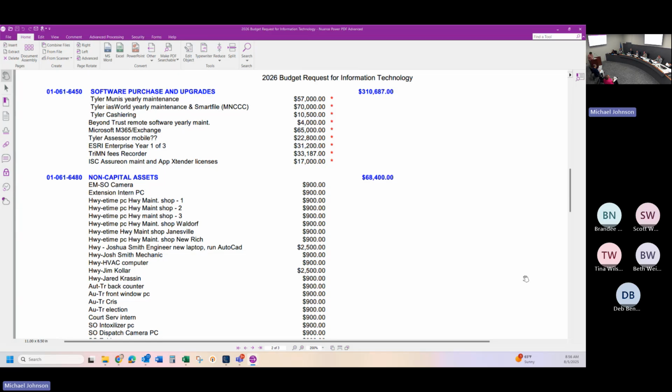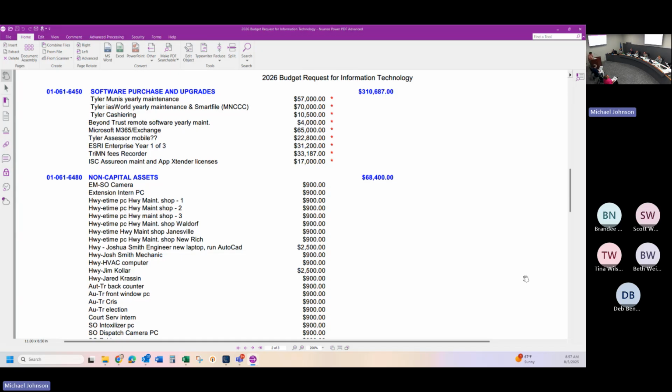The next page is a big one. It's our software purchases. It's our Tyler Munis yearly maintenance, our Tyler tax, Tyler cashiering, the Beyond Trust, that's the remote software that we use to connect all the computers in the county from our office.